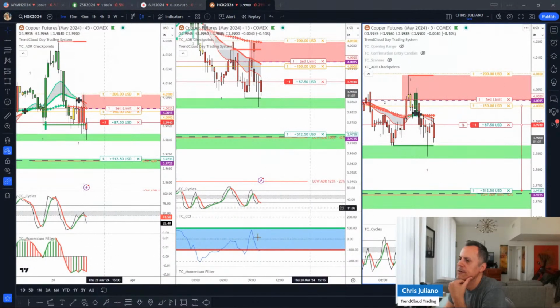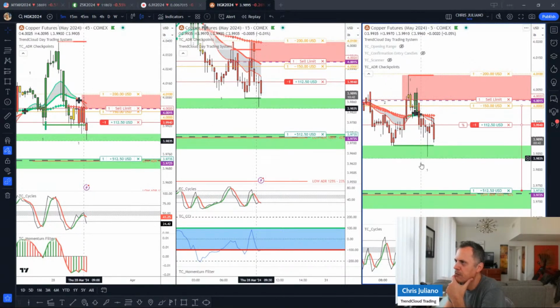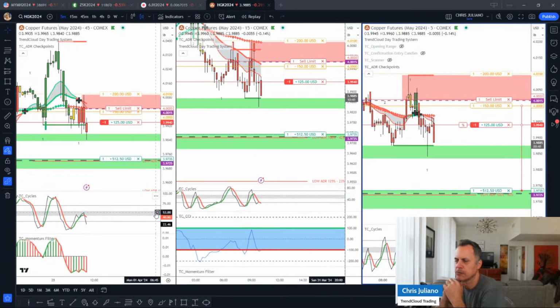At this point in time, you can see momentum and trend on your side, right? Starting to hook down. We've got our first hook down on the 5-minute chart. What do we want to see? We want to see a double hook, maybe a triple hook, make that move down, break through all this structure here.